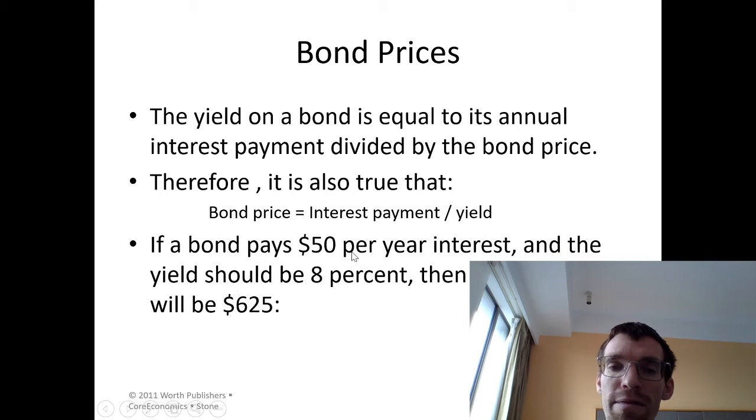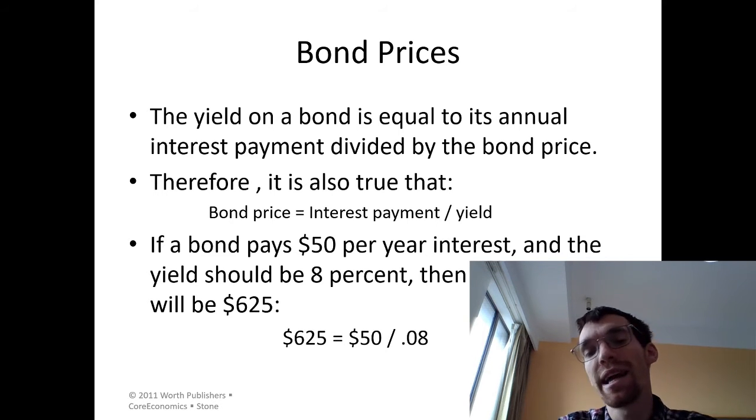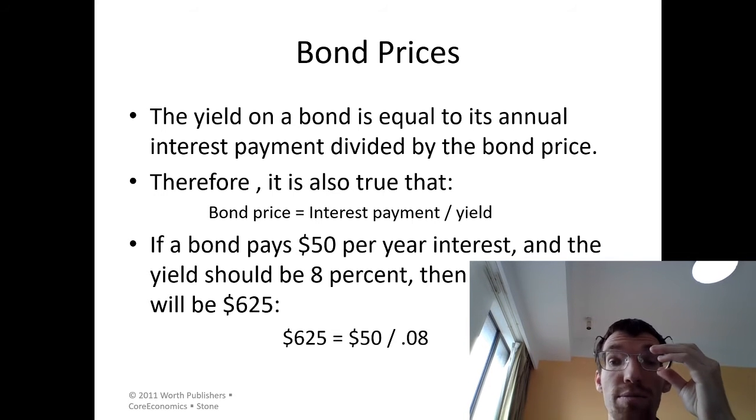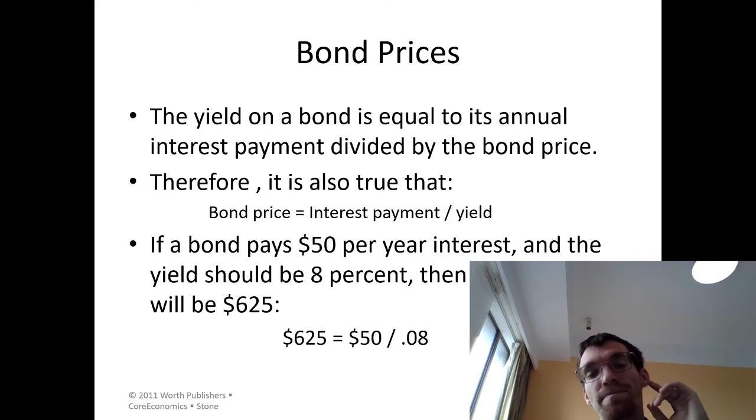So if we had a bond that paid out $50 and the yield was 8%, then by plugging in those numbers, we're going to get a $625 bond price. This looks really related to what we were talking about in terms of general loans, right? Because a bond is a type of loan.